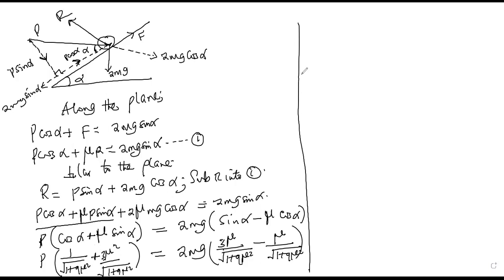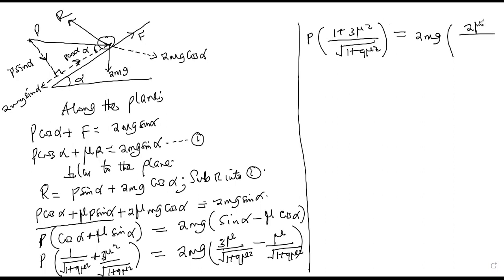And this one will come to P into 1 plus 3 mu squared over root of 1 plus 9 mu squared, equaling to 2 mg into 3 mu minus mu, it will be 2 mu over root of 1 plus 9 mu squared.